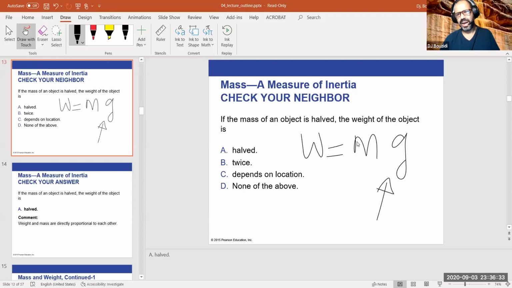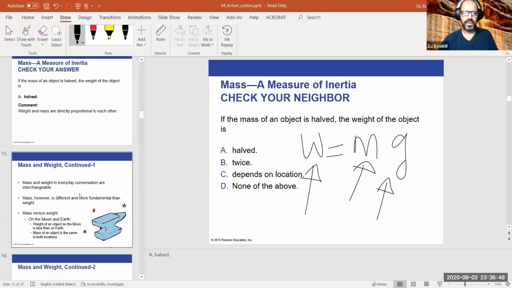It depends on the height, the latitude and the position with respect to the equator, but it varies very little actually. But double the mass, double W; g stays the same constant. Or halve it: if you have an object and all of a sudden it splits into two pieces, each piece will take half the weight because it took half the mass.